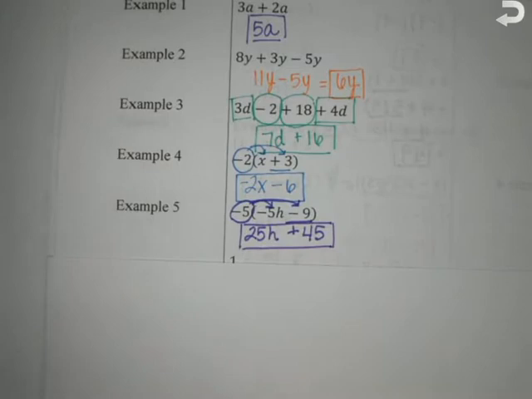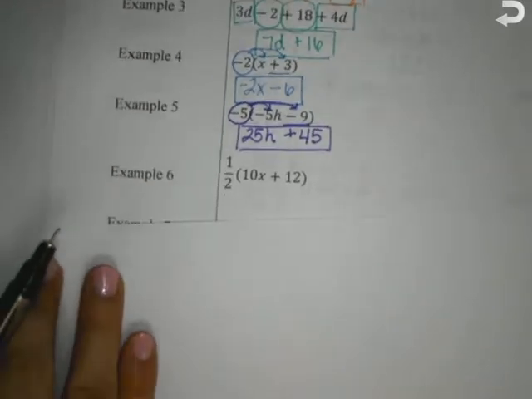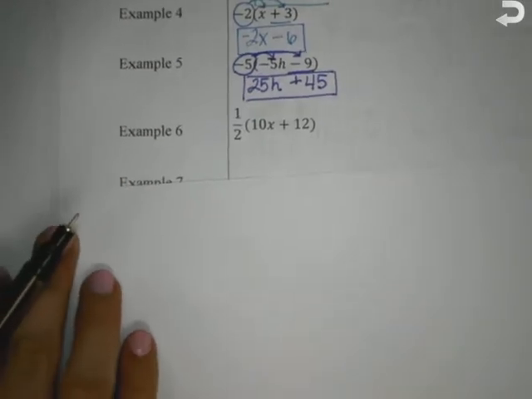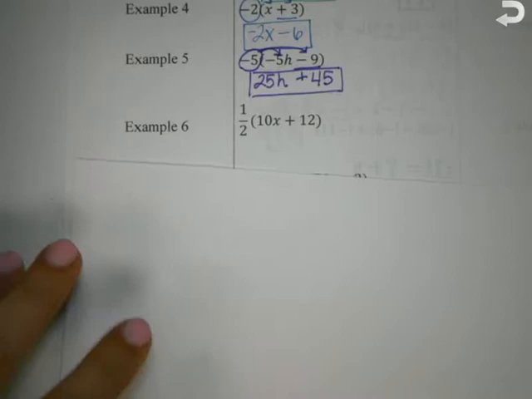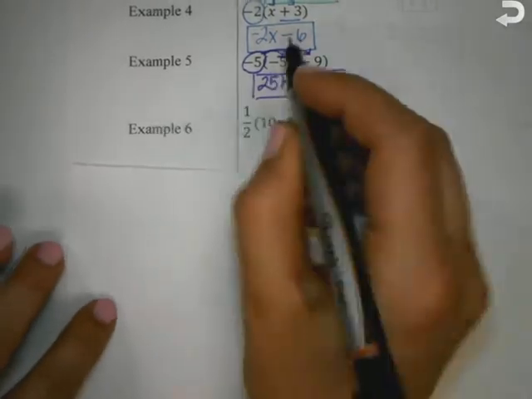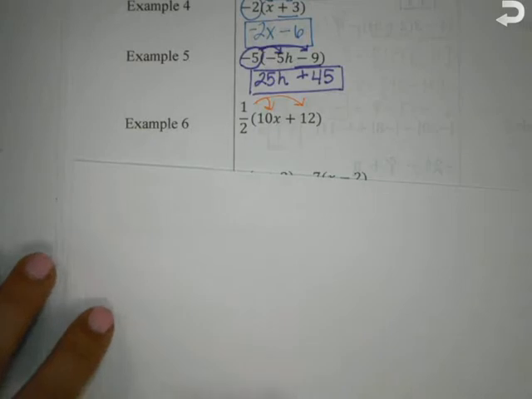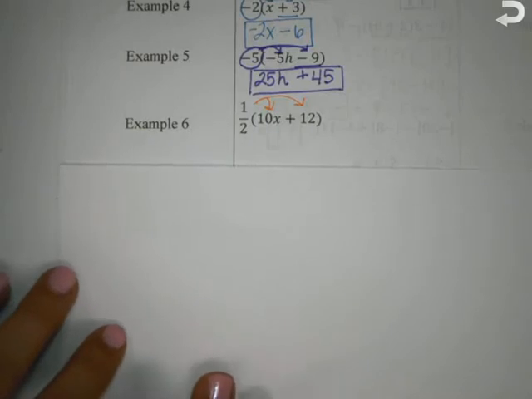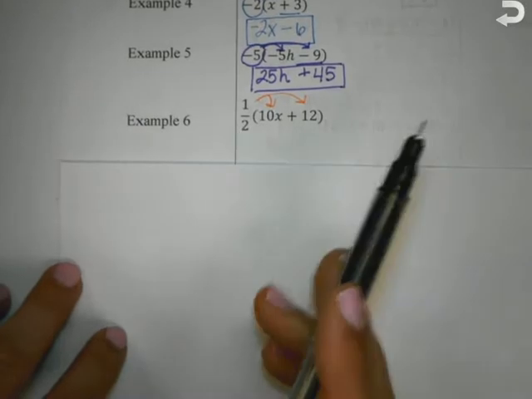Okay, fractions. Yes. Fractions are our friends, right? Okay, multiplying by 1/2 is the same as dividing by what? 2. So what am I going to do with this thing? I'm still going to distribute it in. But if multiplying by 1/2 is the same as dividing by 2, what is 10x times 1/2? 5x.